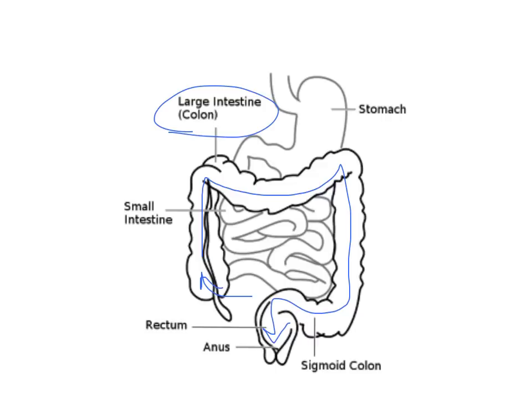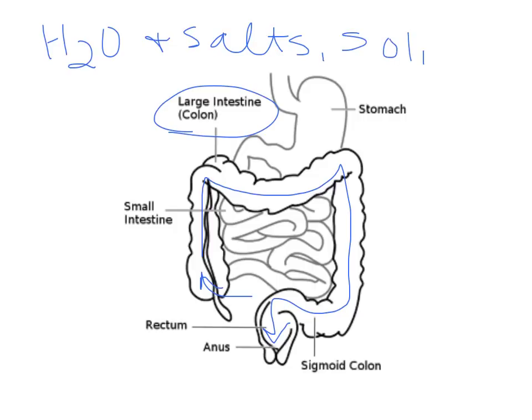The large intestine will help absorb water and salts. That's why the large intestine essentially produces solid waste, because it's removed the water from the food there. So the large intestine reabsorbs the water, it reabsorbs the salts. Obviously, it's going to produce the solid waste.